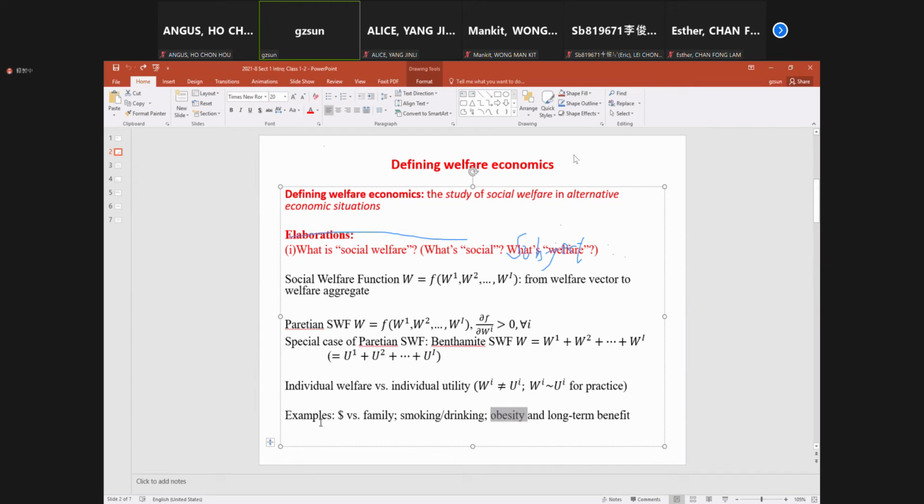It's true that maximizing a given person's utility is not necessarily the same thing as maximizing her or his welfare. But on the other hand, you may argue they know who they are. So they just want to enjoy life. Nothing wrong about it. And so from their perspective, utility is simply equal to welfare.